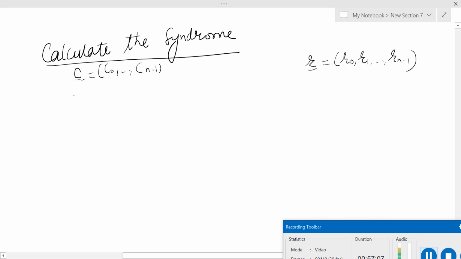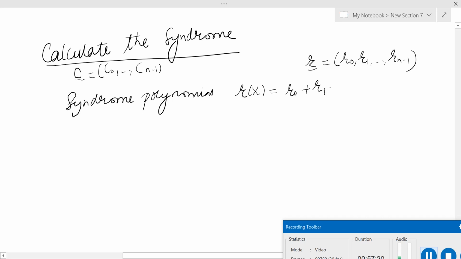Now corresponding to the syndrome, you have a syndrome polynomial, r of x equal to r naught plus r1x plus up to rn minus 1 x to the power n minus 1.